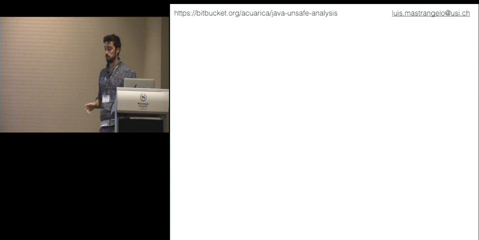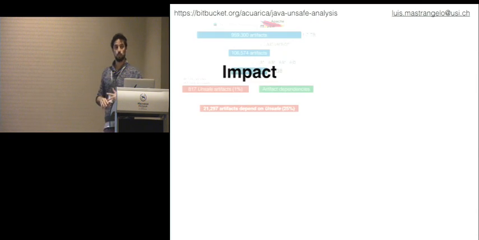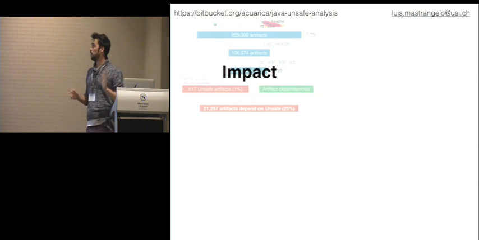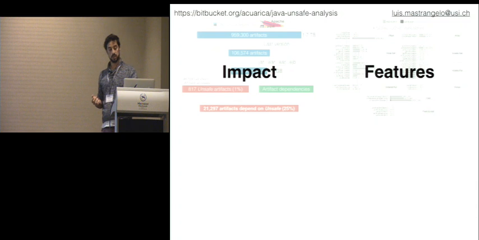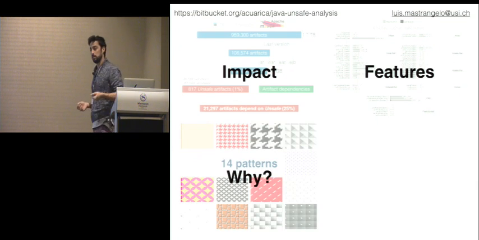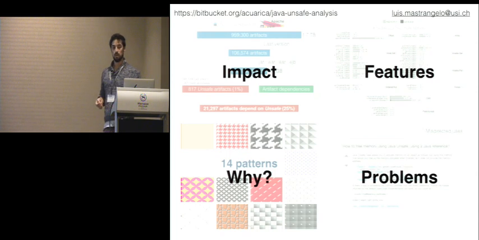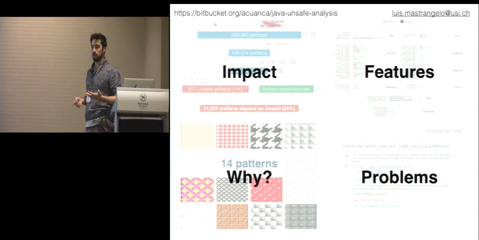So to finish, what we discovered here is that there is an impact of sun.misc.Unsafe in Java. We know what features are being used. We know why people are using sun.misc.Unsafe. And also, we know what kind of problems they encounter.